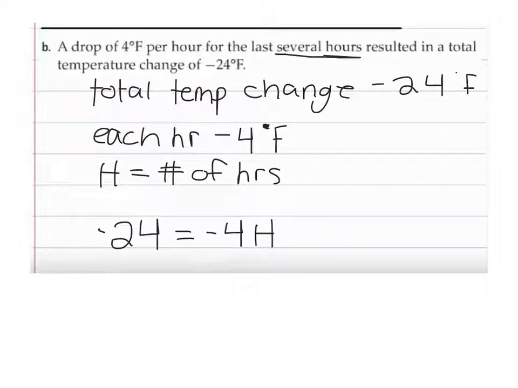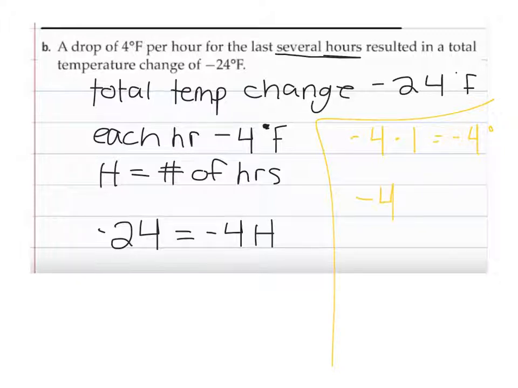Let me just do an example to make sure that makes sense. I'll put it in a box over here. If 1 hour passed, I would go negative 4 times 1 to show that it dropped negative 4 degrees in that 1 hour.